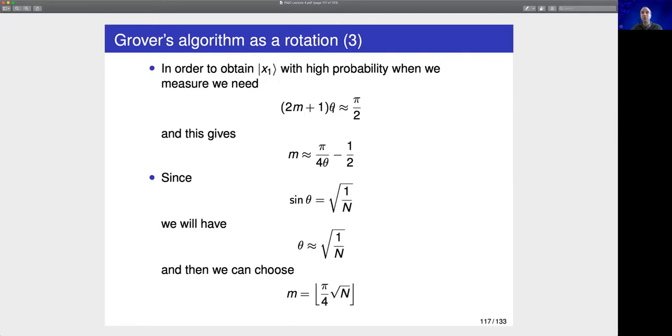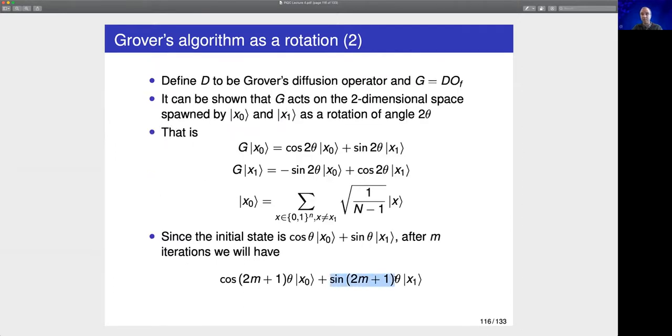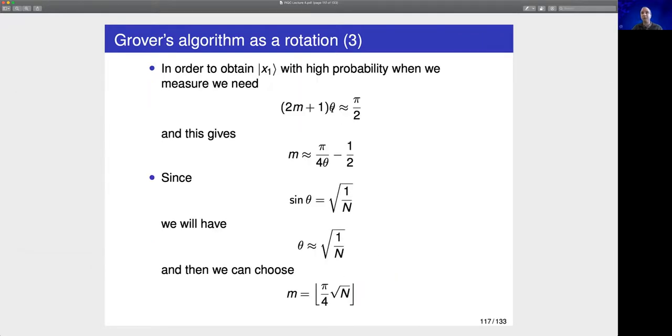So we only need to solve for m here. This is the number of iterations that we want to do. In order for this sine to be close to 1, this angle here needs to be close to pi over 2. So we make this approximately equal to pi over 2. In general, we cannot do exactly pi over 2 because m is just an integer and we have no continuous range of values, but we want to find something that makes this close to pi over 2.